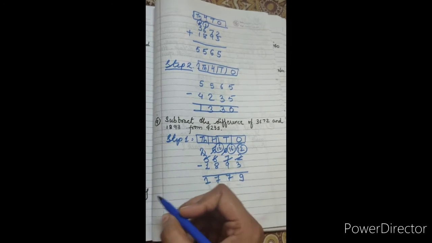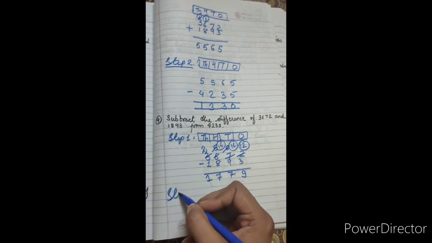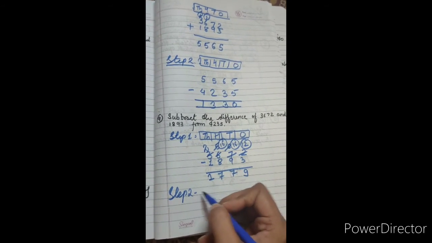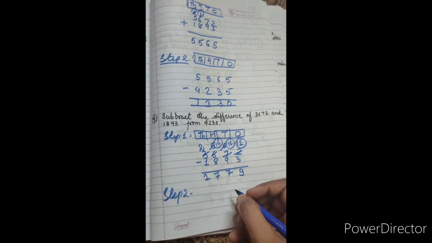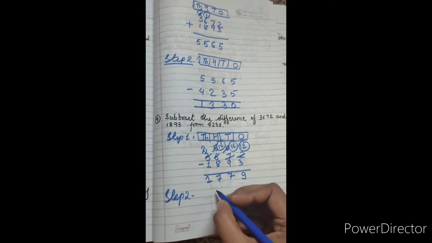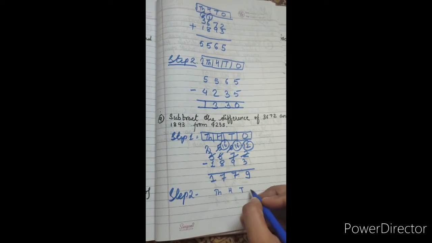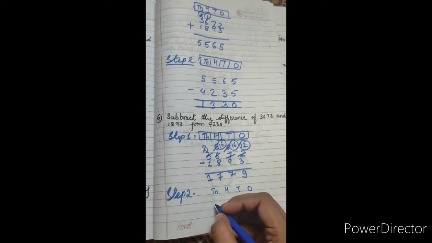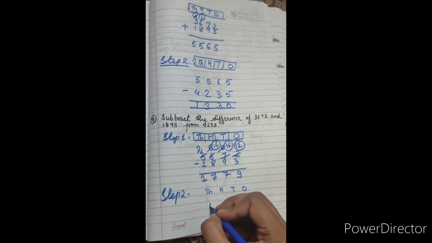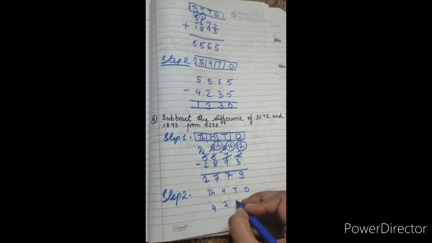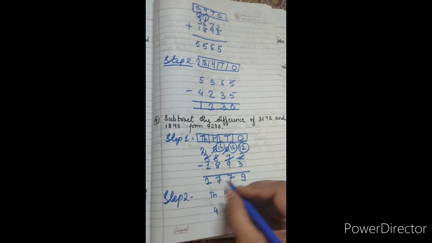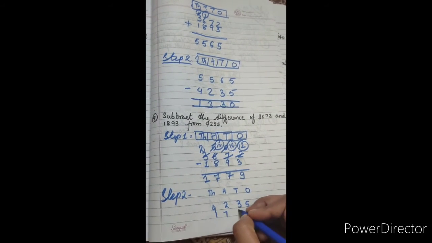1779. Now step 2 is subtract the difference of this from this. So 1000, 100, 10, ones. So 4235 is a bigger number. And now we subtract 1779.